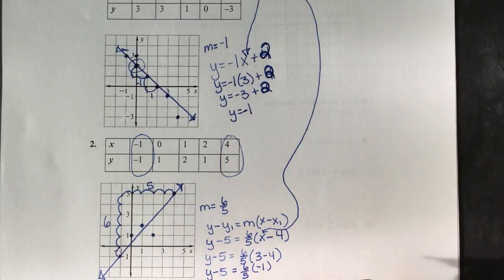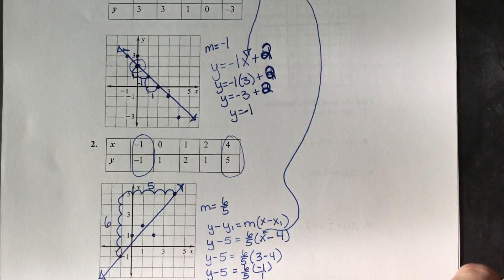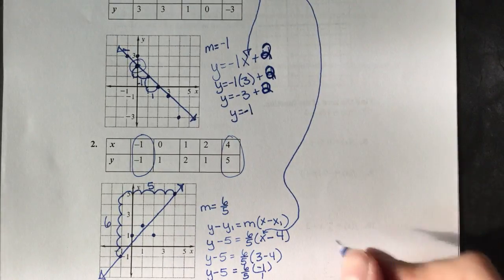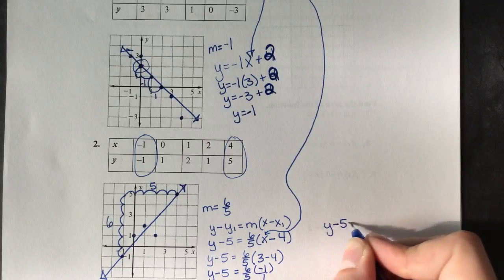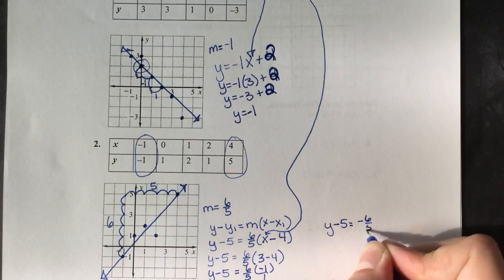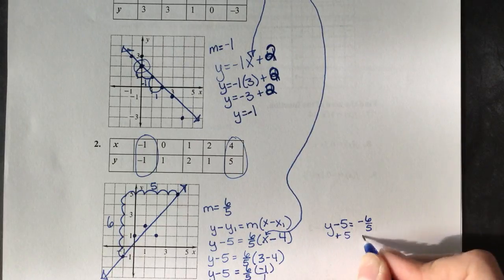Okay. Putting it over 1, or when we multiply by a negative, all it changes is negative. So y minus 5 equals -6/5, plus 5 plus 5.